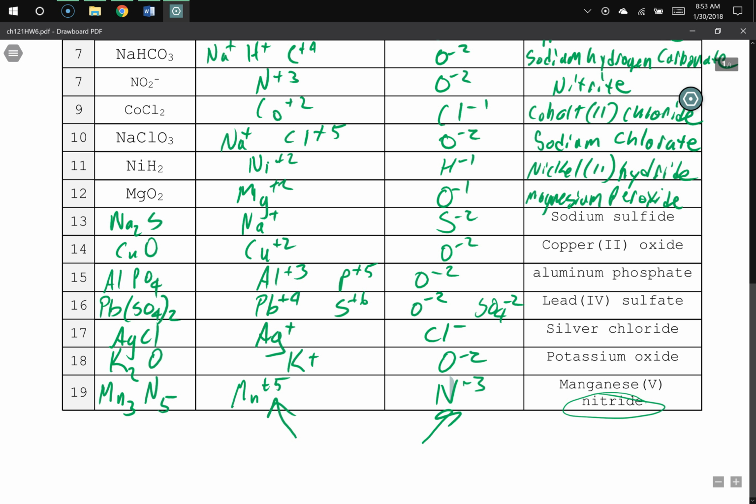Your question? Oh, how do you know that the nitrogen, the table says it can be plus or minus 3, 5? So how do you know it's not nitrogen negative 5? In ionic compounds, just use the -1, -2, -3.